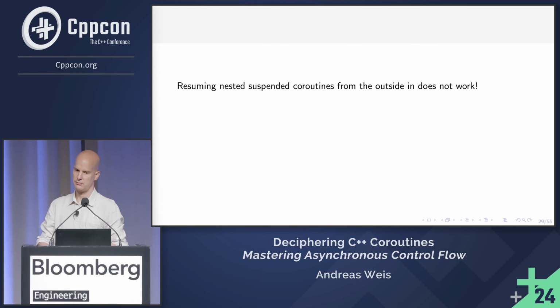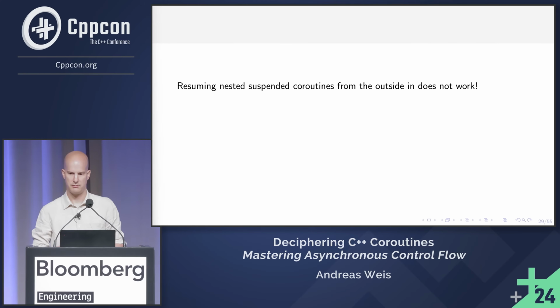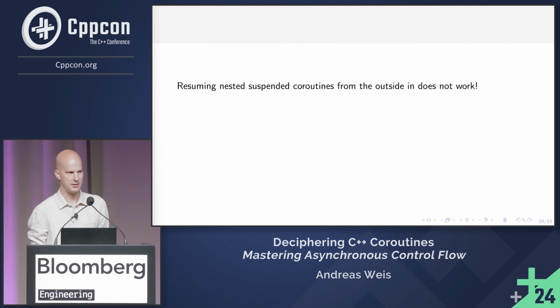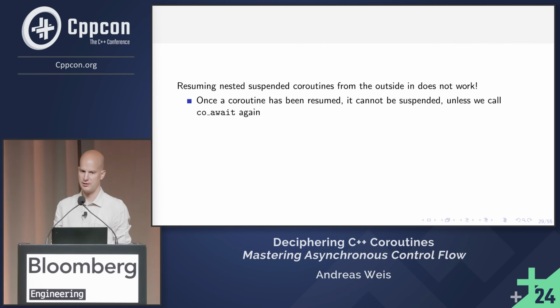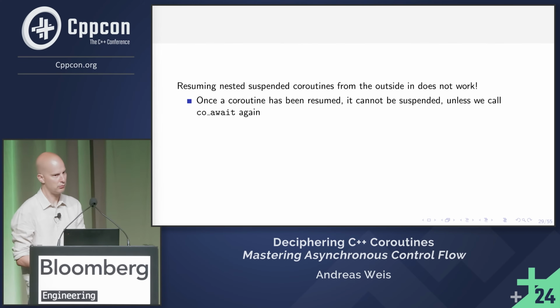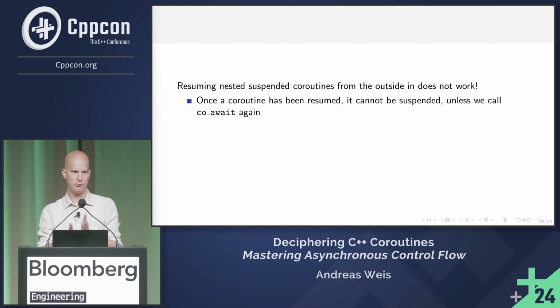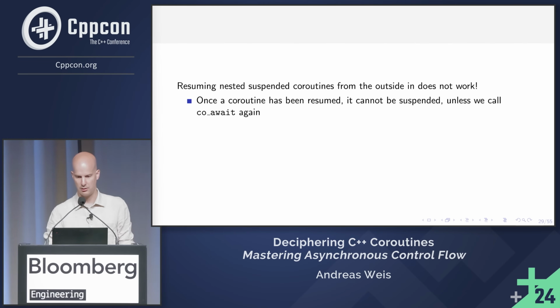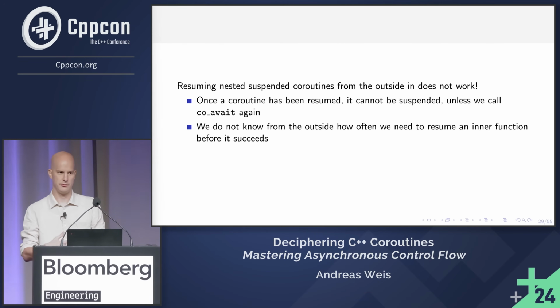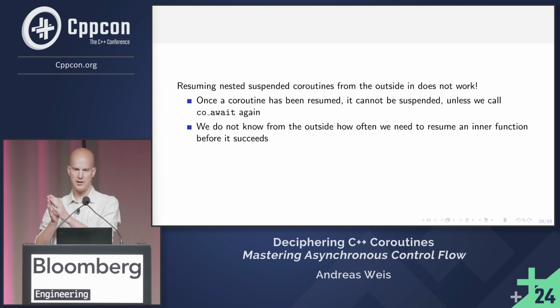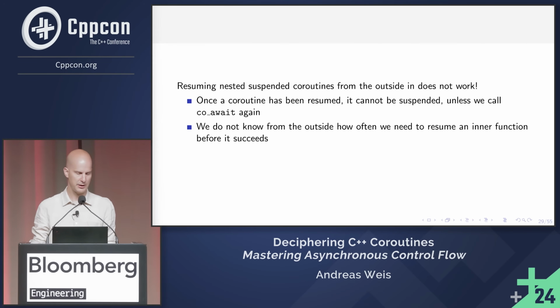You cannot resume nested coroutines from the outside in. Because once a coroutine has been resumed, it cannot be suspended again unless we call co-await again, right? You only get one suspension per co-await call. But we do not know from the outside how often we need to suspend before the inner function has completed its execution.